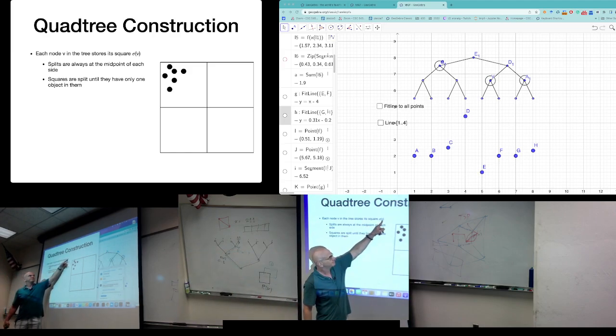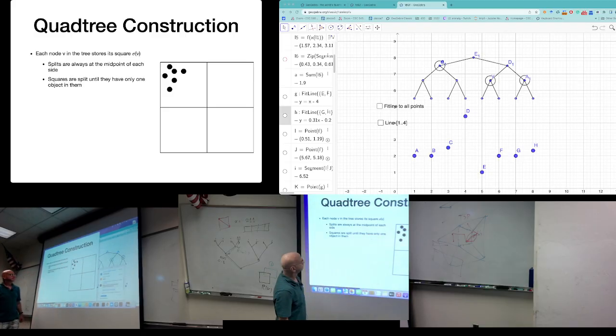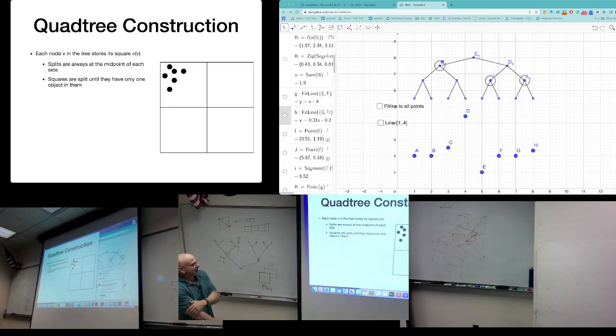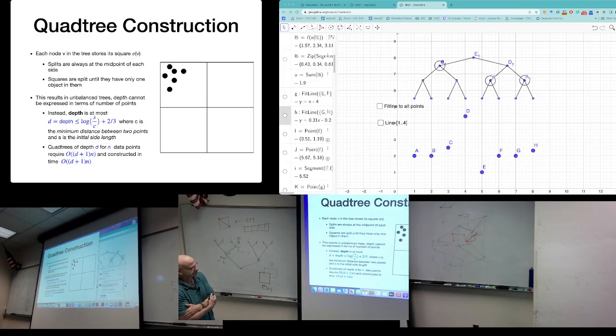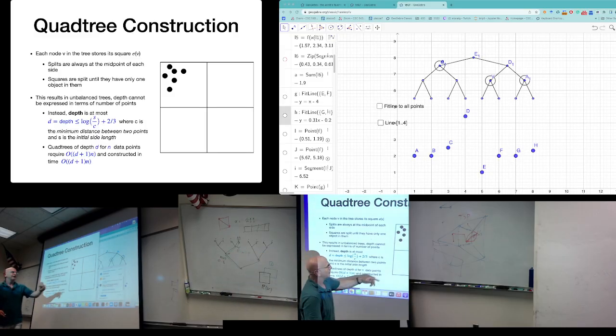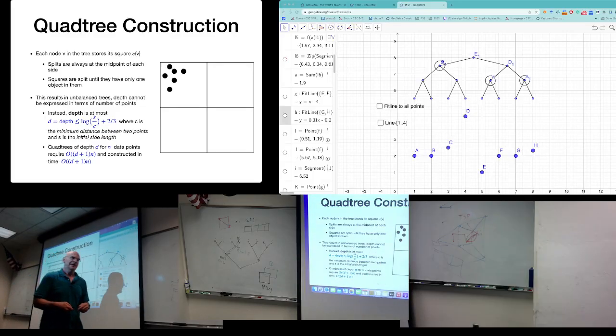Every node V has its region, now it's sigma V instead of R V. Following the book, if the input are points, then squares are split until they only have one object, one point, inside the region of the node. Inside the region of a node, I'll keep splitting until there is at most one point.